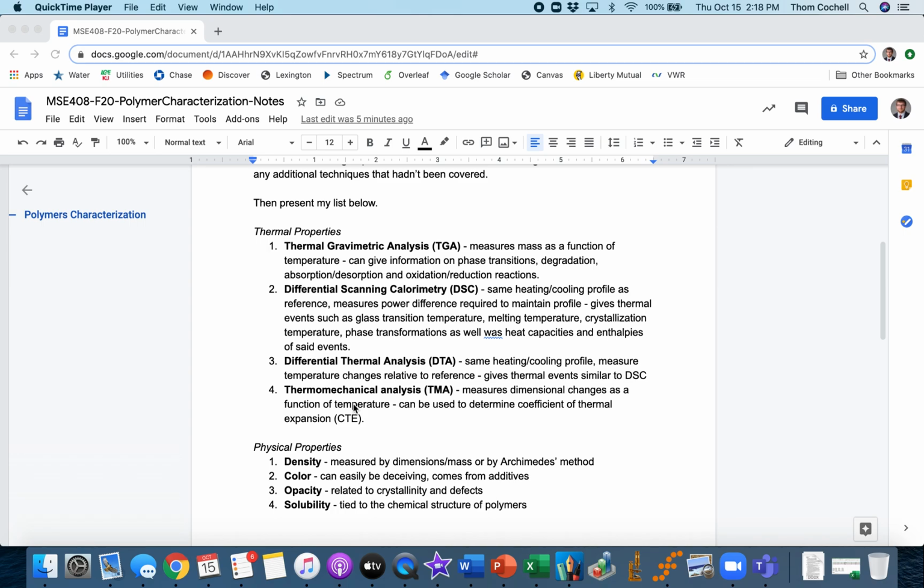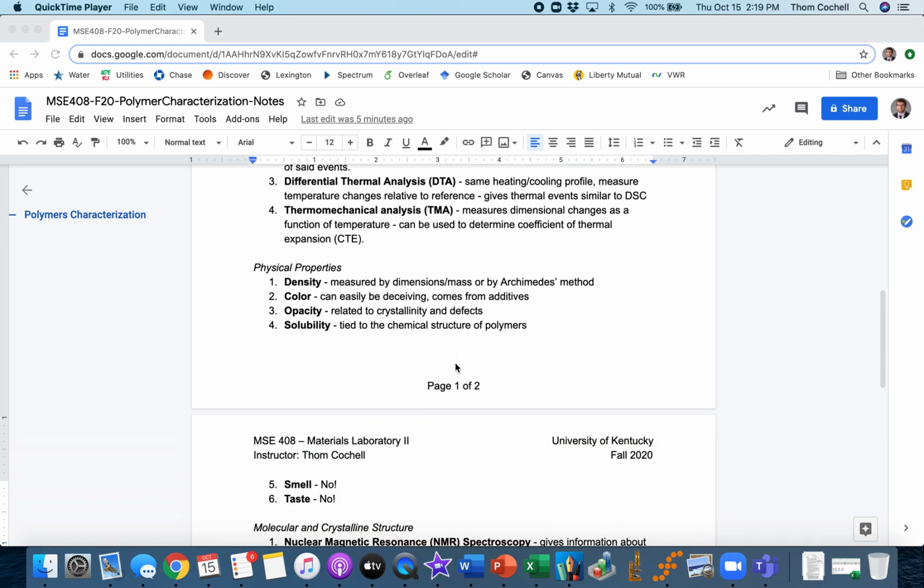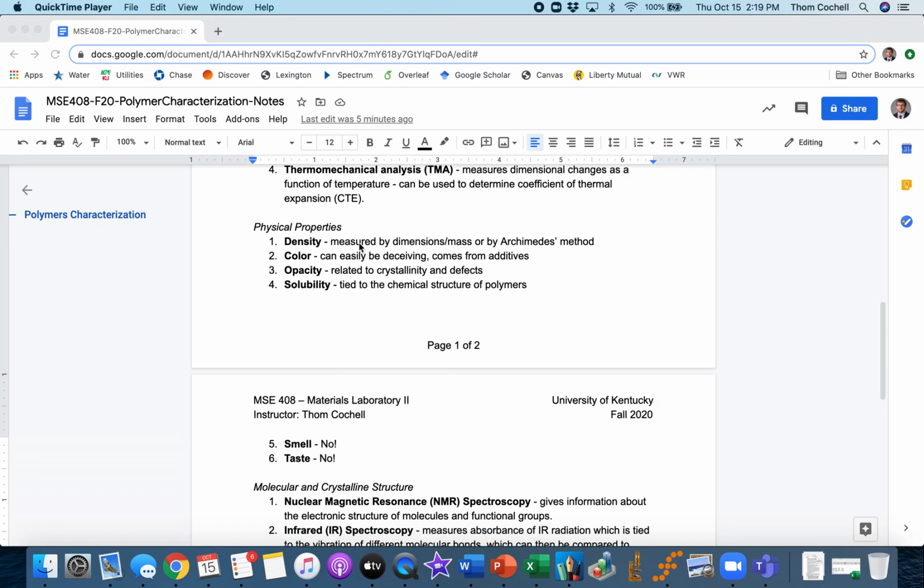So that's an important technique. Basically it takes the standard size and looks at the changes in the dimensions with temperature. So thermal is a class that we haven't yet looked at up until this lab, and DSC is the big new technique that we're using. Again, it's really important for polymers, but can also be used for metals and ceramics. It doesn't matter.